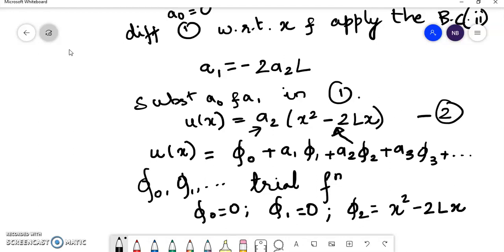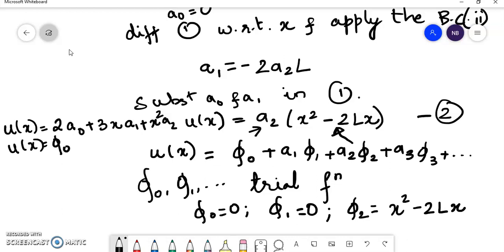Okay, supposing this equation, u of x, say, was just an example: 2a0 plus 3x a1 plus x square a2, and the Galerkin equation is phi 0 plus a1 phi 1 plus a2 phi 2.